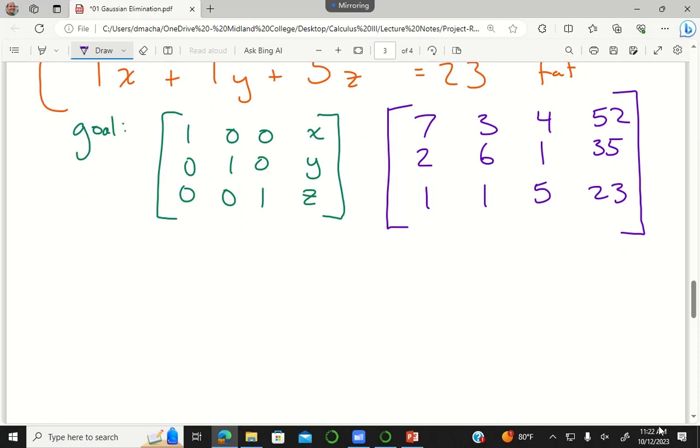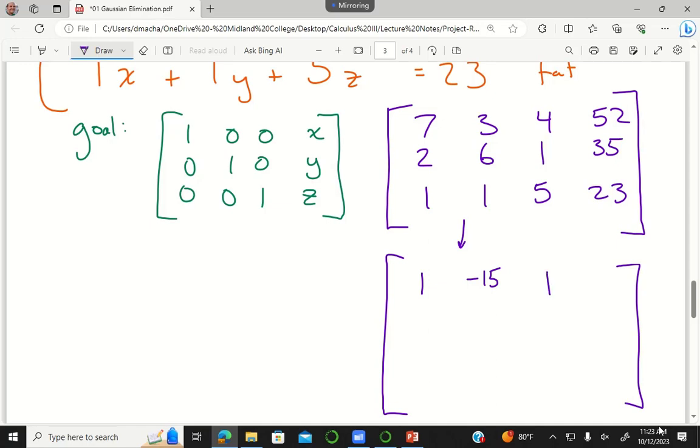Now I want that 7 to be a 1. And to make that 7 into a 1, I'm going to subtract 3 times the second row from the first row, because if I subtract 3 times 2 from 7, it'll make it a 1. And so let's imagine we do that. 7 minus 3 times 2 is 1. 3 minus 3 times 6 is negative 15. 4 minus 3 times 1 is 1.